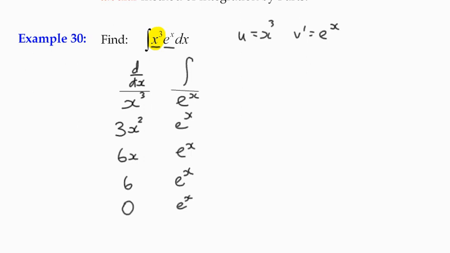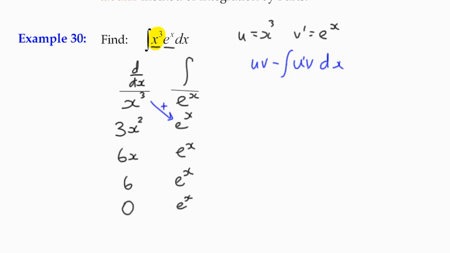So in order to get the answer, although we don't normally write this for the tabular method, just to show you where we're going, it's uv minus the integral of u dash v. So in actual fact, here is uv, because we've integrated it. It's the second level of the e to the x, and so that's actually uv.